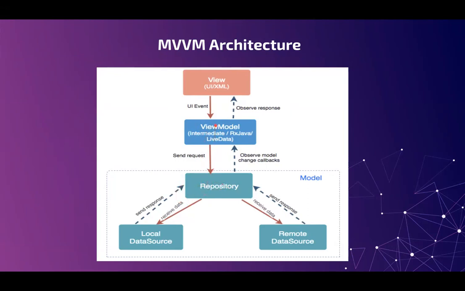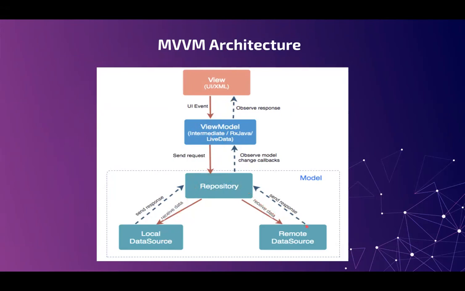Some calls can be handled from the view model side. So once the UI triggers some event, you can directly send observable data back to the view. So the whole cycle is not mandatory.